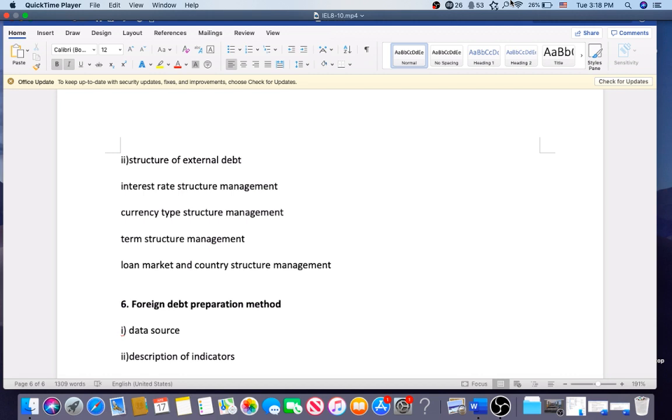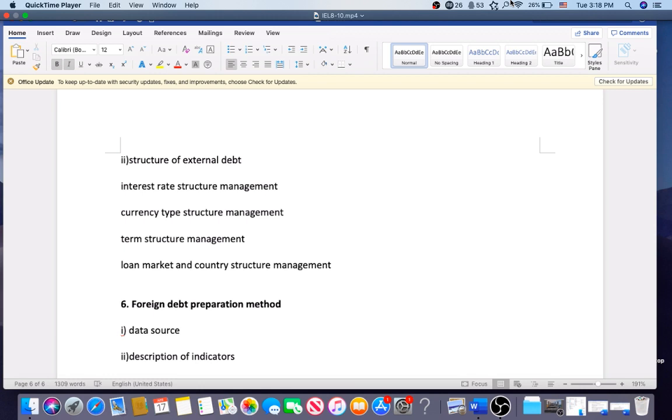When the market interest rates are high, the floating rate loan can be chosen, or floating rate debt can be increased in the proportion of the country's total external debt in order to get the benefit of the fall of the interest rate.